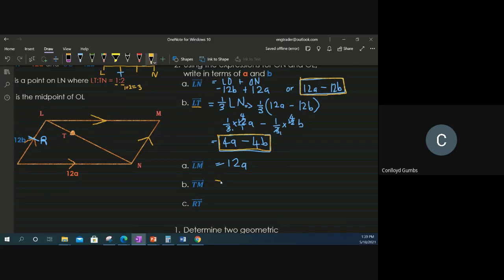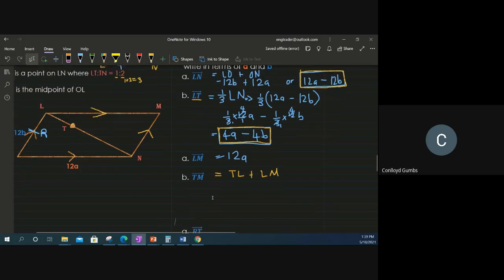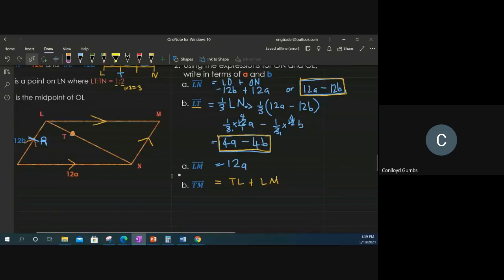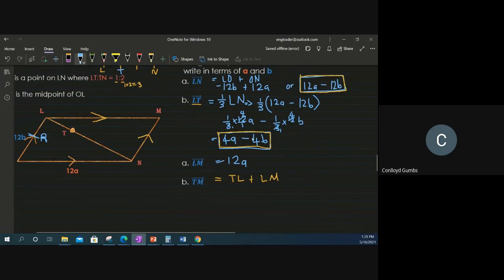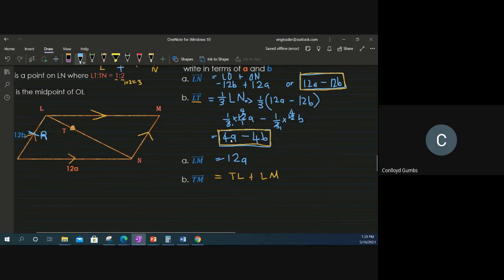So for instance, with this one, now we're saying T to M. So we're saying T to L plus L to M. Now, if I'm looking at this, T to L has to be the opposite of this. So if this was positive 4A, that means I need to say here now minus 4A.